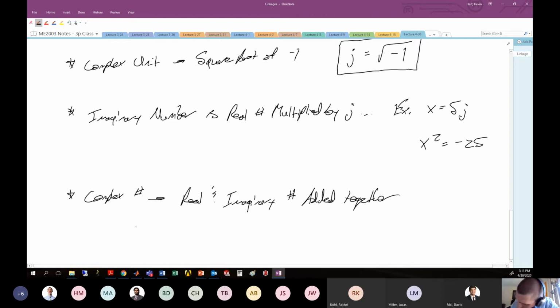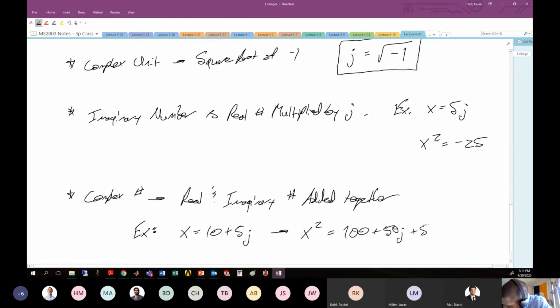All right. An example might be something like x is 10 plus 5j. So then if I take x squared, I use my FOIL method, and I'll get something like 100 plus 50j plus 50j minus 25.